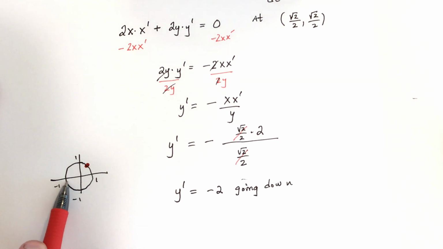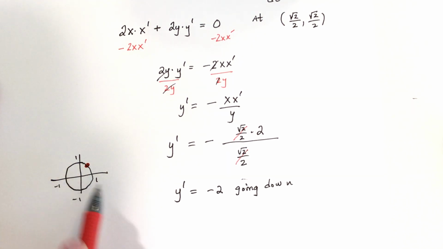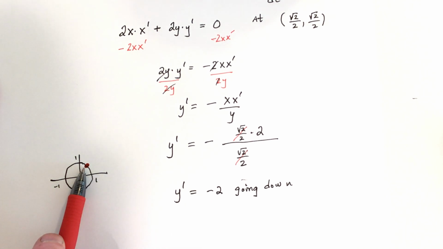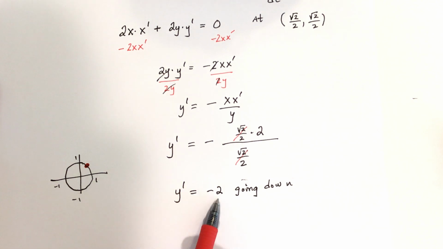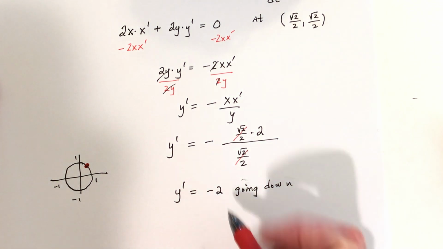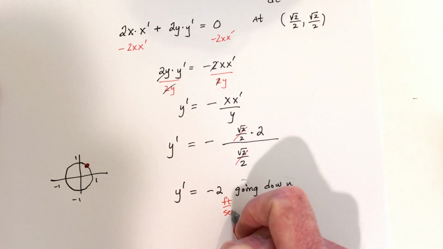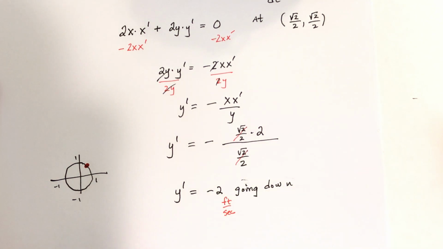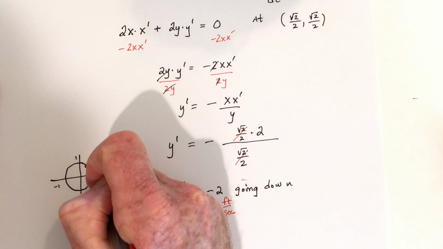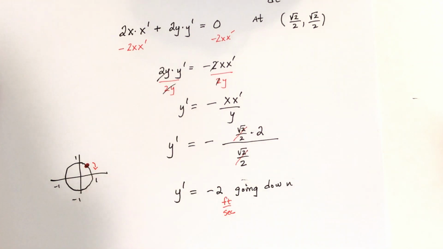So it's actually going clockwise around the circle. And this is how fast, so as I move my pen from here to here, I do have to move it down, and this is how fast it's going down. So the units could be something like feet per second, or miles per hour, or something like that. But basically it's telling us the object is going this direction.